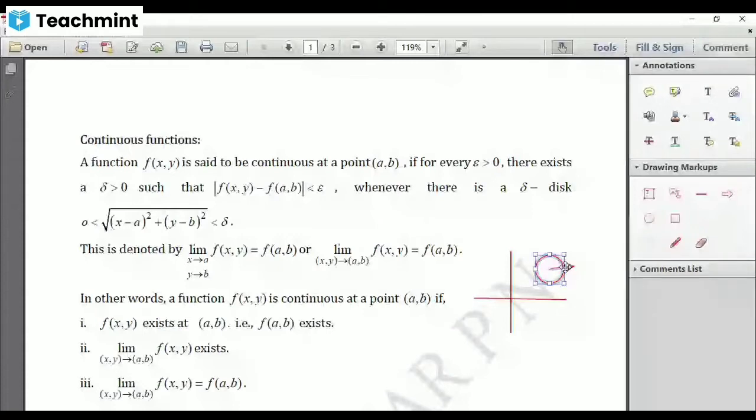See, this is your radius delta, and by taking this, you've drawn a disk, which is an open disk. Open disk means you have to consider all the points within this circle or within this closed curve, right? You should not consider boundary points.